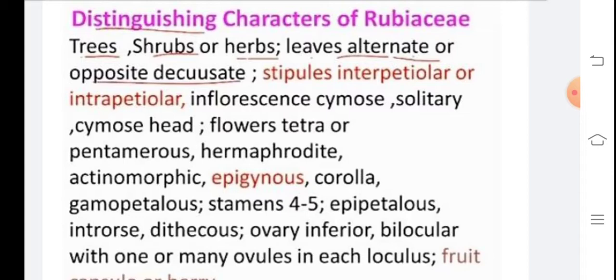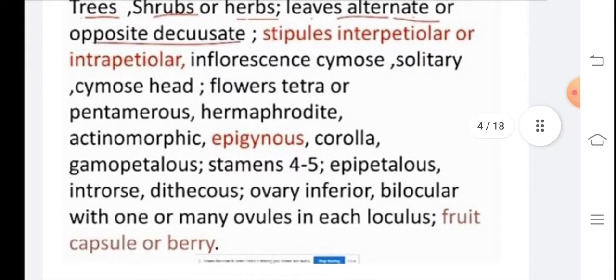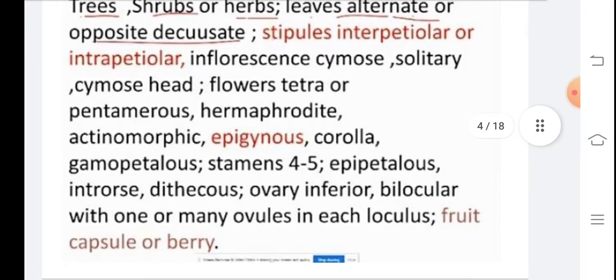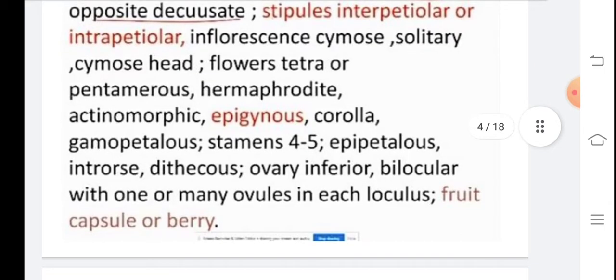Then flower is a hermaphrodite, that is bisexual. Androecium, gynoecium present. Actinomorphic, that is regular symmetry, and mainly epigynous. So all floral parts generally develop above the ovary. Corolla is gamopetalous, stamens 4 to 5 epipetalous, right?